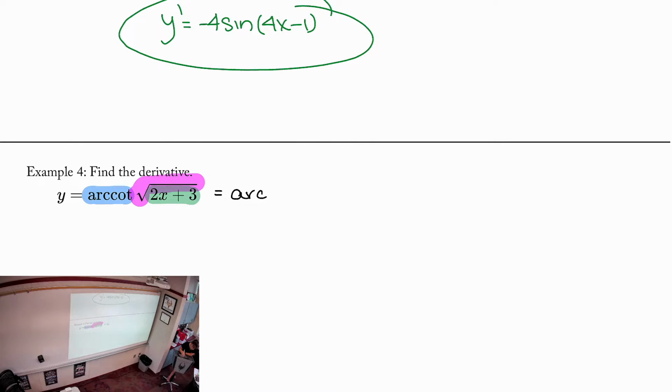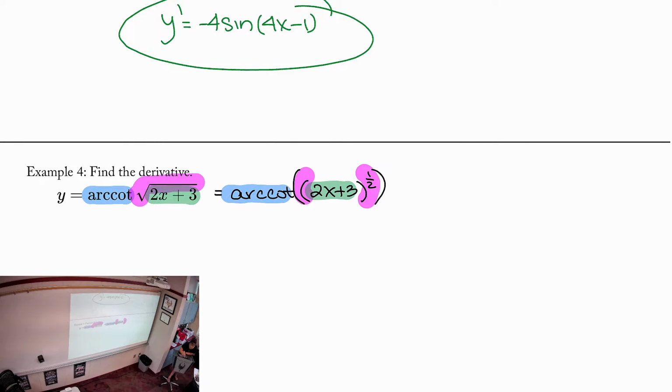Okay, arc cotangent is your outside function. Technically, it is to the 1/2 power, and it's 2x plus 3 to the 1/2 power. I'm changing this a little bit just so that you guys are aware that you have to change everything into a fractional exponent. So your outside is still arc cotangent. You have one inside to the half power, and then you have another inside of 2x plus 3.